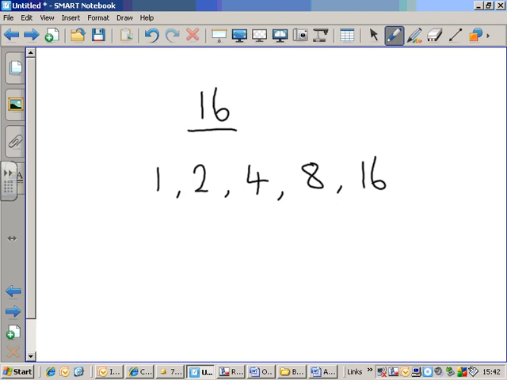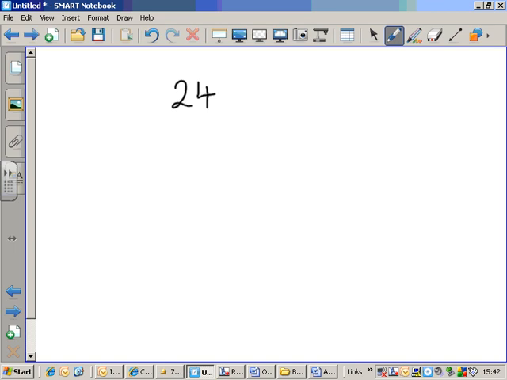Let's do another one, and I'll show you a way of finding factors that hopefully will maximise your chances of finding them all and finding them all accurately without missing any out. Let's see if we can find the factors of 24 this time, a slightly bigger number. My advice to you is to find factors in pairs. I'll write this down.